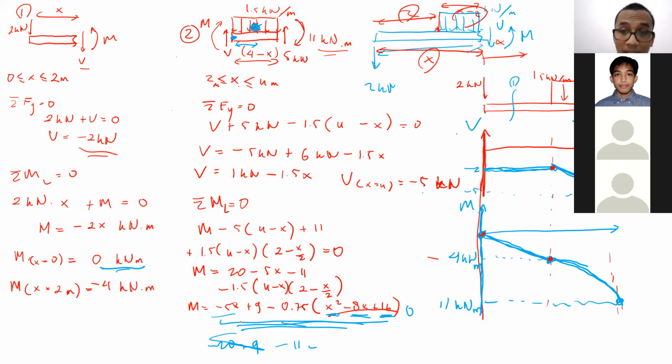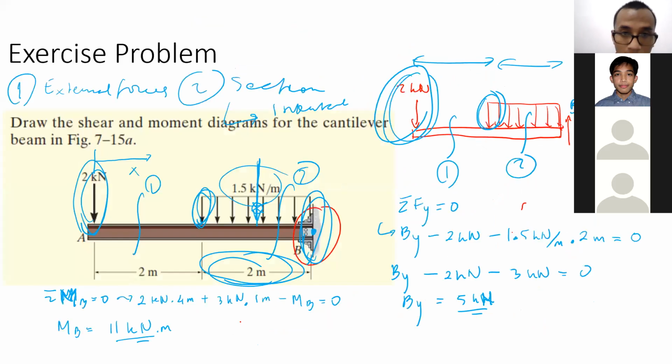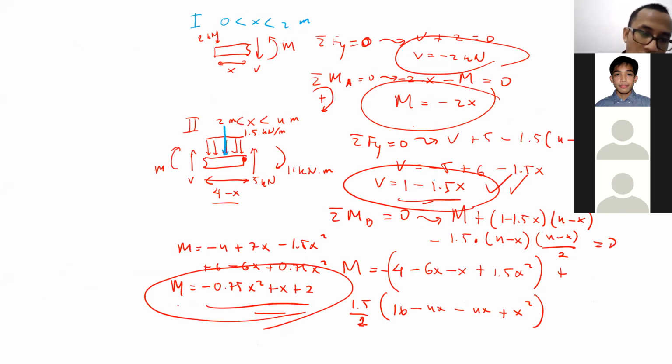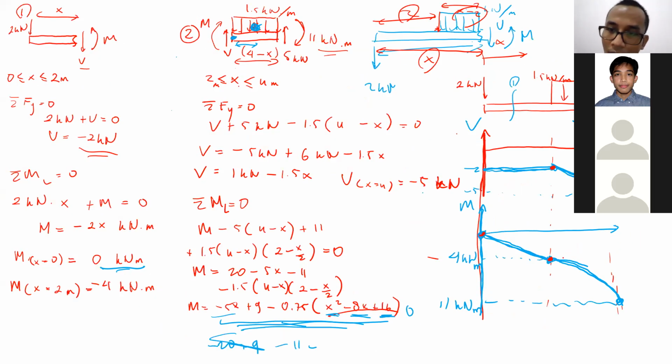Seems like the calculation may be a little bit wrong, but we can get the value of the moment at the beginning of the second region by putting x equal to 2 here, and putting x equal to 4 to get the end point of it. And this is our final graph for that particular point.